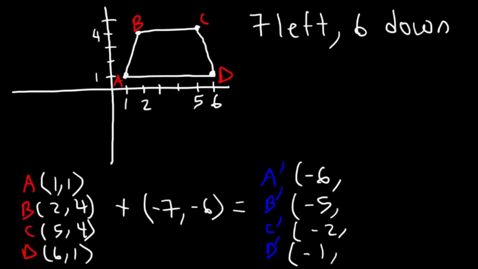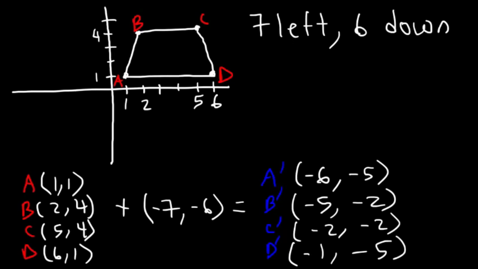Now let's focus on the y values. 1 plus -6 is -5. And 4 plus -6 is -2. And for the other 4, that's going to be the same, so B and C have the same y value. And 1 plus -6 is -5, just like point A.